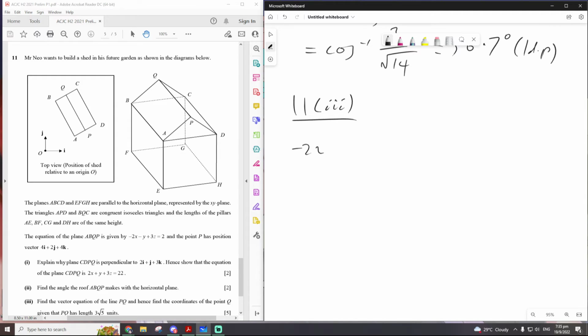Negative 2x minus y plus 3z equals 2, and 2x plus y plus 3z equals 22. So you can solve these two equations simultaneously to find the equation of the line in the Cartesian form.